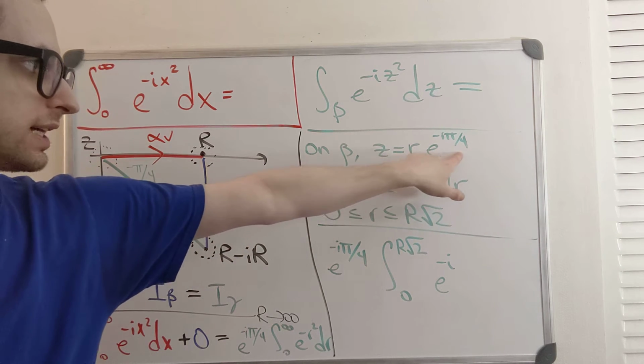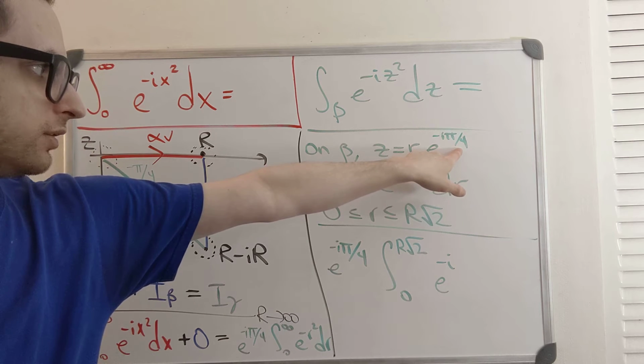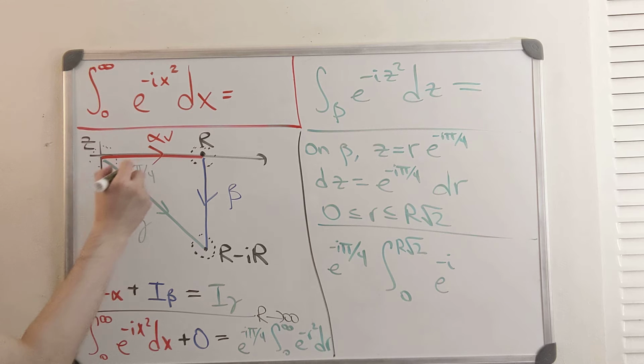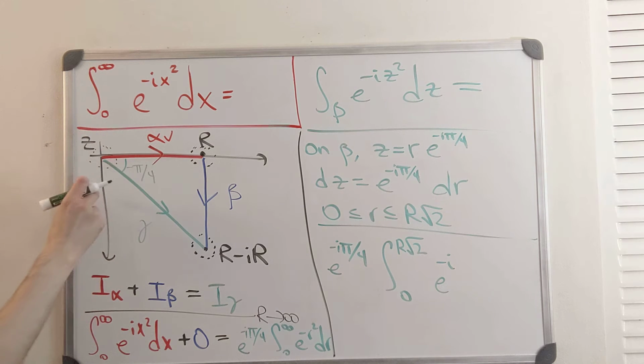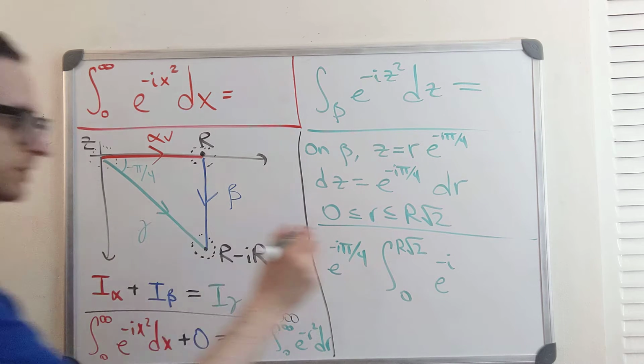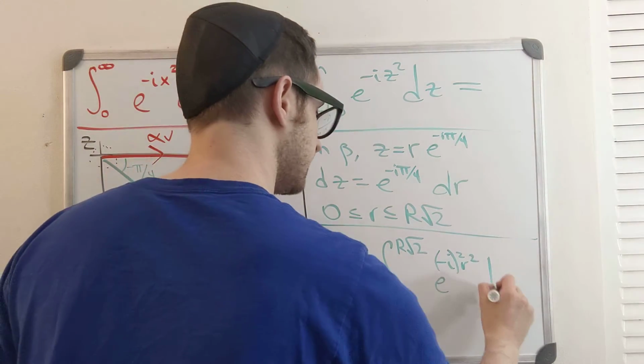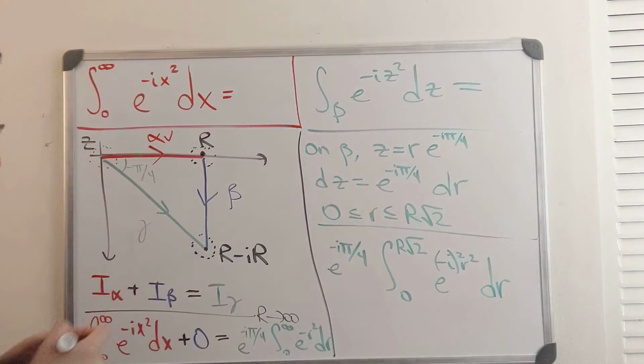Now when I square this exponential, I'm just going to double the angle. So I get e to the minus i pi over 2. Well, that's this angle down here, and the unit length complex number down here is minus i. So I'm going to get another factor, minus i times r squared, dr. And this minus i squared, well, that's just minus 1.